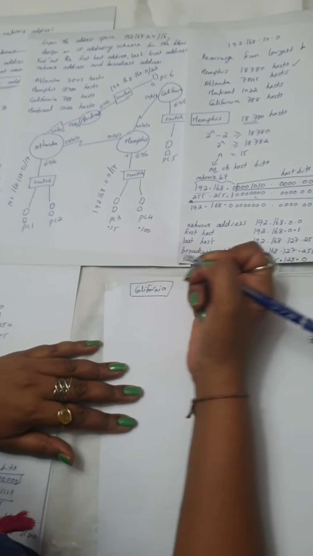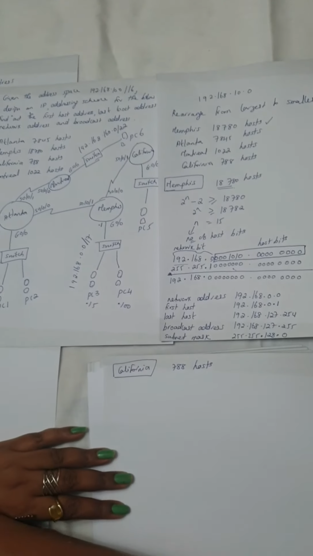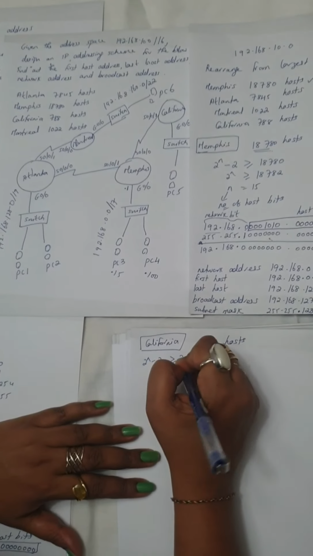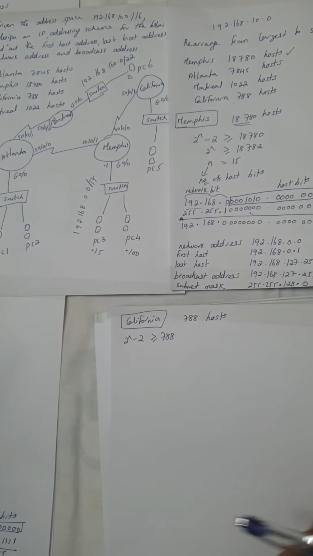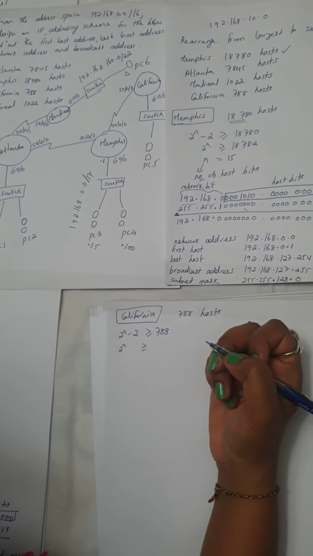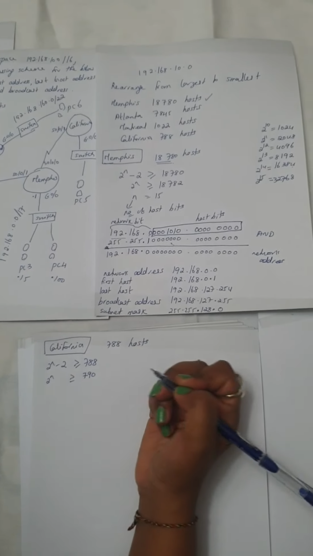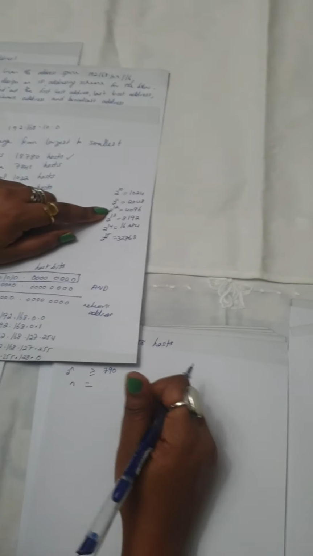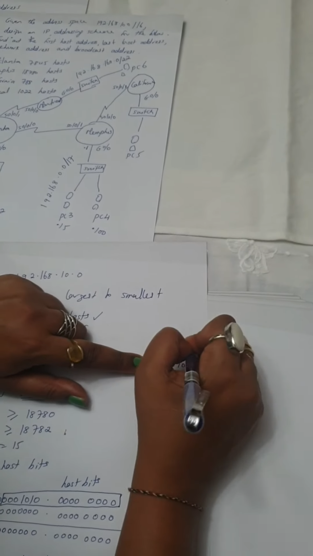Now let's move to California, which requires 788 host addresses. So 2 power n minus 2 greater or equal to 788. Why do we make this calculation? To know how many host bits would be part of my IP address. So 2 power 9 is 512.